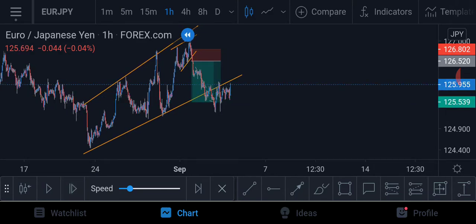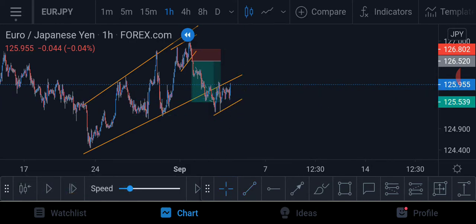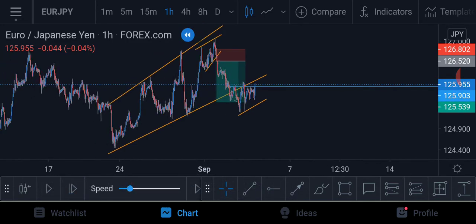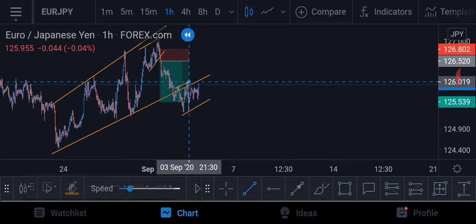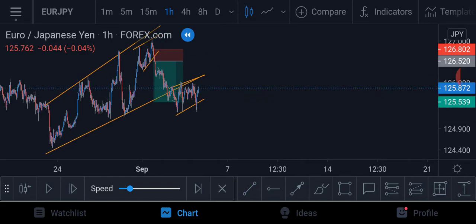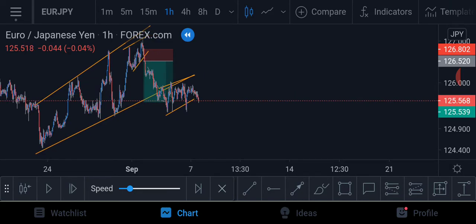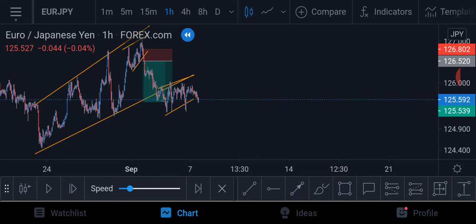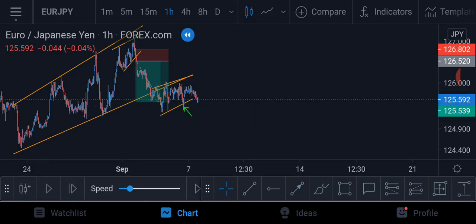Price is consolidating right now and making a very good pattern for another scalping trade. Let's wait for a breakout. Here you can see that the price made this breakout, but it was a false breakout.